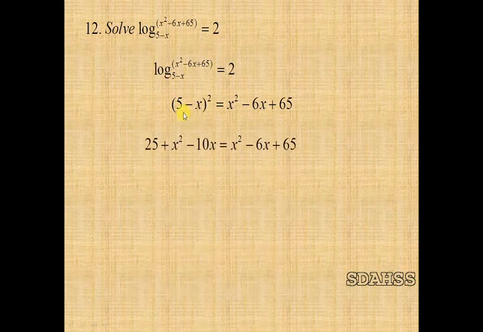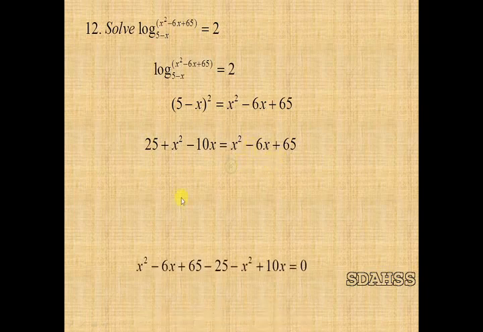Expand. This is the form of a minus b whole square. So a minus b whole square means a square plus b square minus 2ab. So we can write 5 square plus x square minus 2 into 5x. So we can write 25 plus x square minus 10x is equal to, keep these three terms as it is, x square minus 6x plus 65.